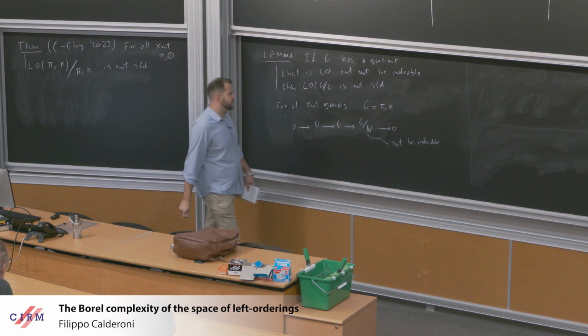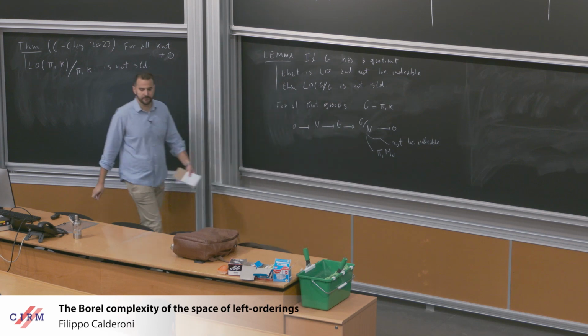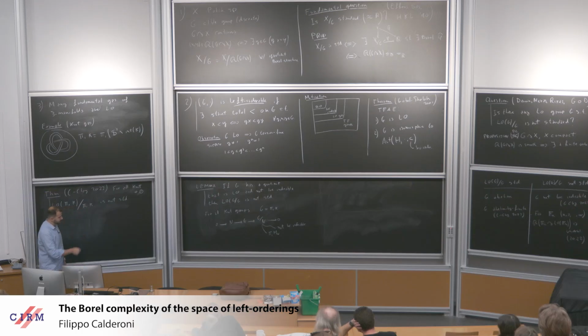And also this group over here is the fundamental group of some other manifold that I will denote by Mn, called the Dehn filling of the knot group. So it looks like we're done, but quotients of left-orderable groups are not left-orderable in general. So there's a missing piece to apply our lemma.